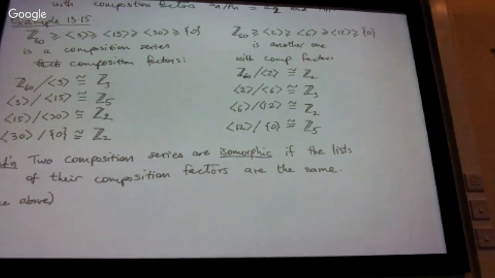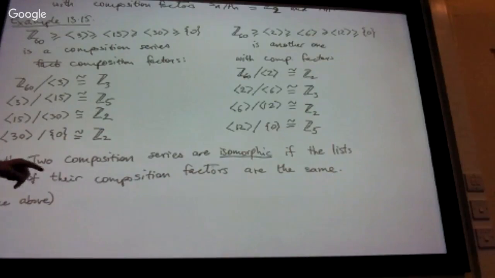Why do I say lists? Nobody knows what a list is. I'm not saying sets because multiplicities count. I want exactly two Z2s for it to be isomorphic.